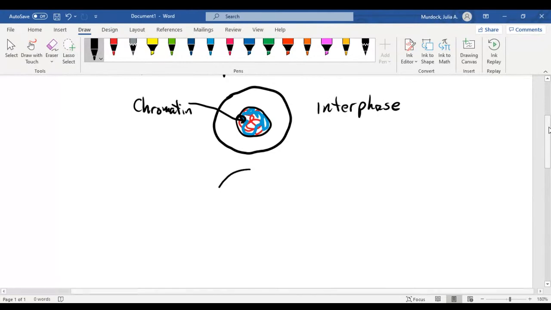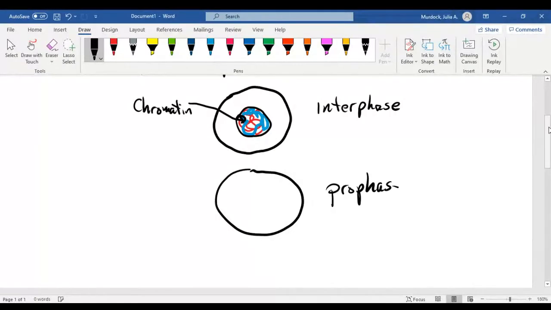Okay, so now let's do prophase. Prophase I. Meiosis has begun. So let's say that the nuclear membrane has disappeared, and now I'm going to draw two pairs of chromosomes to make it simple. I'm going to draw a big pair and a little pair.